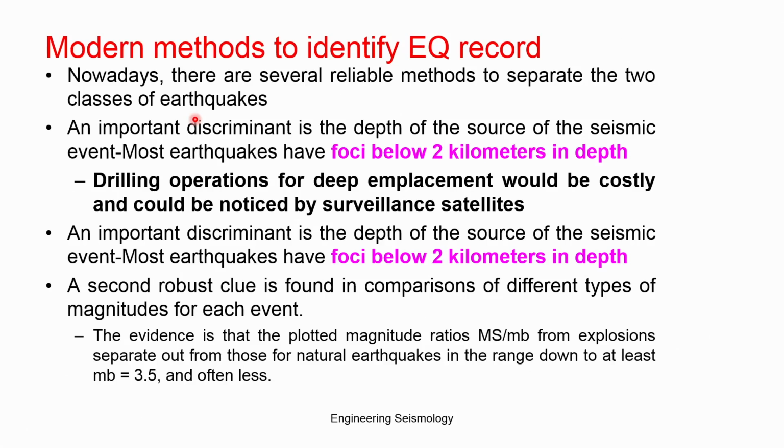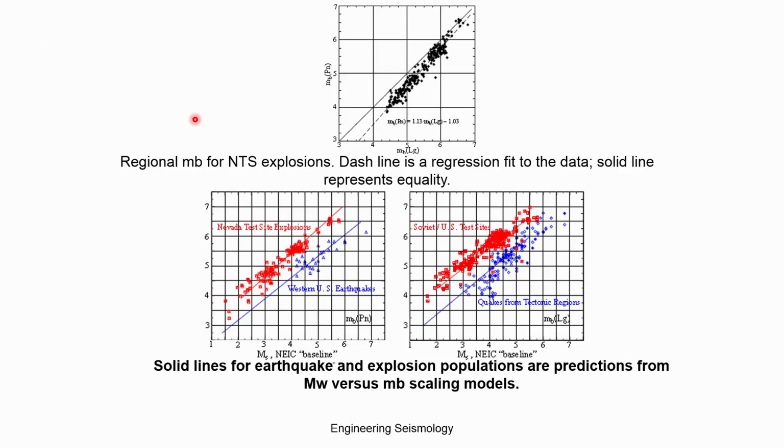That's one. The second is that you can find out MB and MS, in the smaller magnitude range, using the waveform, and you can take the ratio. You can see that natural earthquakes and artificial signals follow a unique pattern, and based on that one can decide whether this is an earthquake or an explosion. This is the western US region natural earthquake pattern.